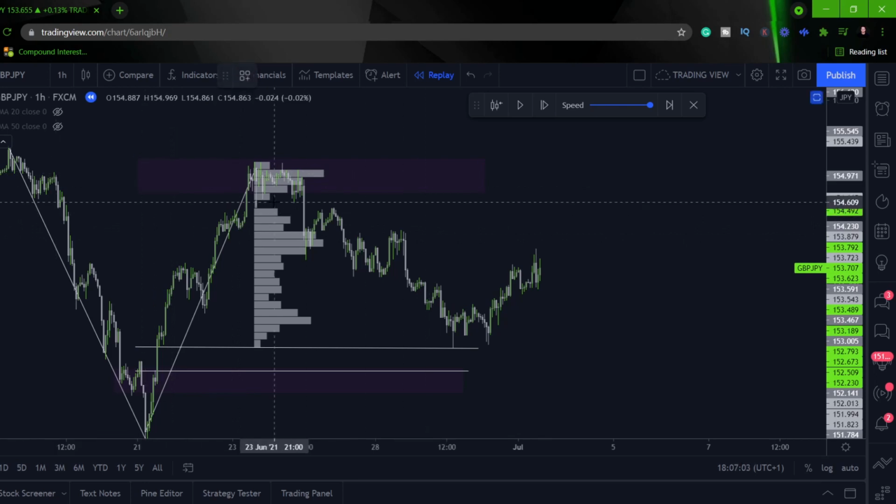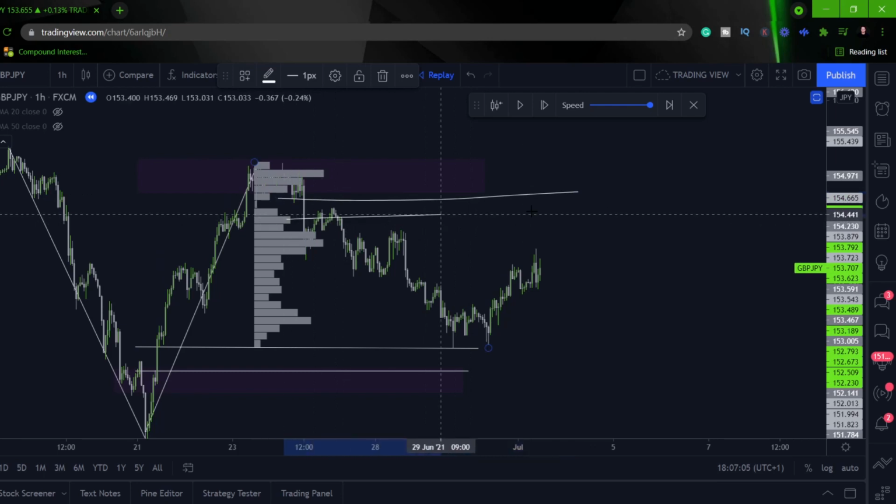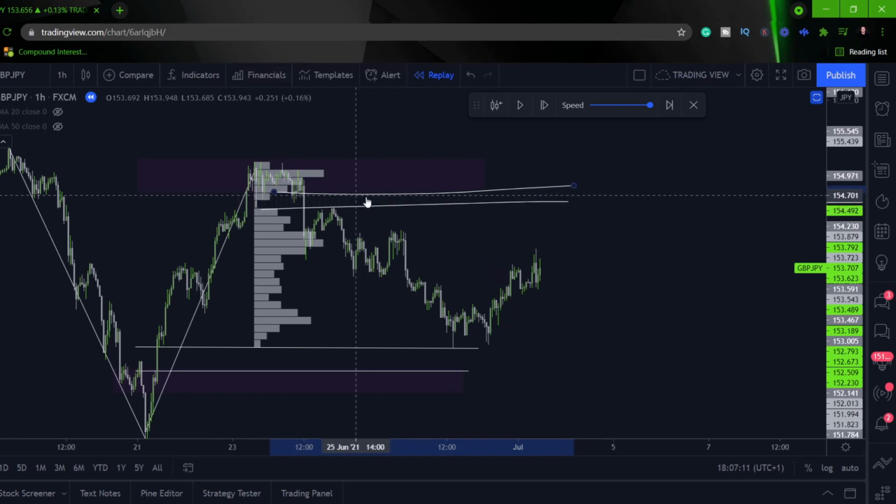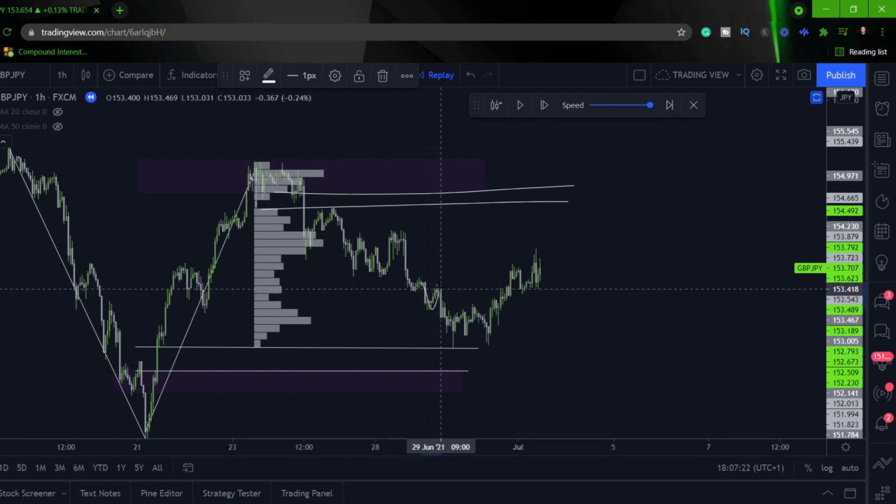What have we got? We got an area of imbalance through there. Like I said, it wasn't completely filled, right? So we have still got that area of imbalance through there. Probably would have had some imbalance through there, as you can see, but what did price do? We came back up to fill it, right? Filled the inefficiency.